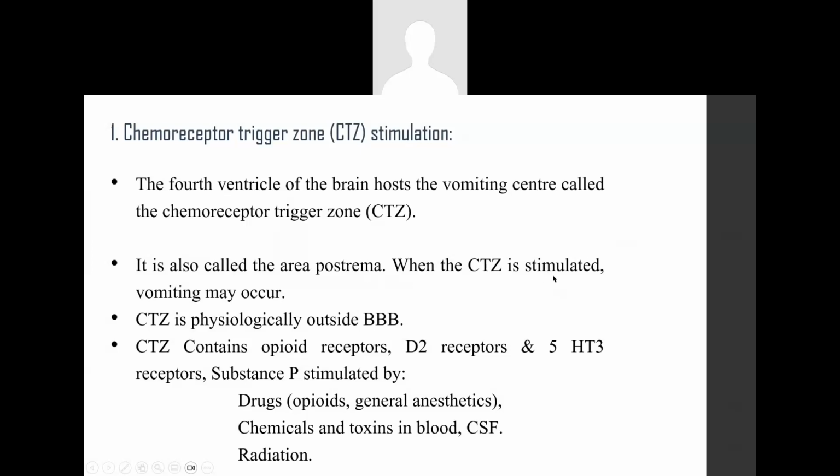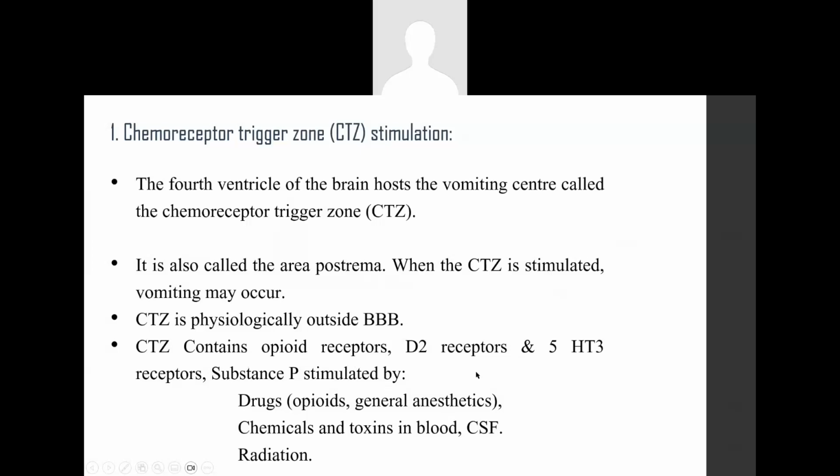When the chemoreceptor trigger zone is stimulated, vomiting may occur. The chemoreceptor trigger zone is physiologically outside the blood-brain barrier, and it contains opioid receptors, D2 receptors, 5-hydroxytryptamine receptors, and substance P receptors.